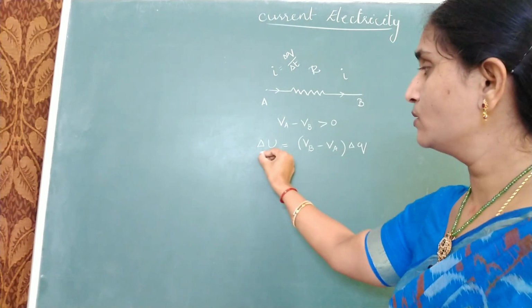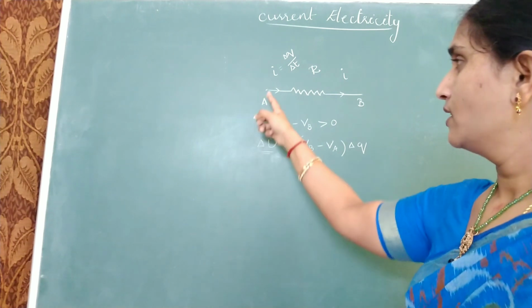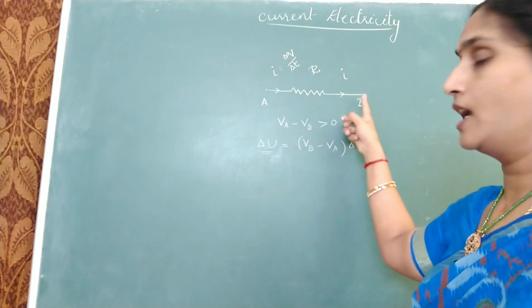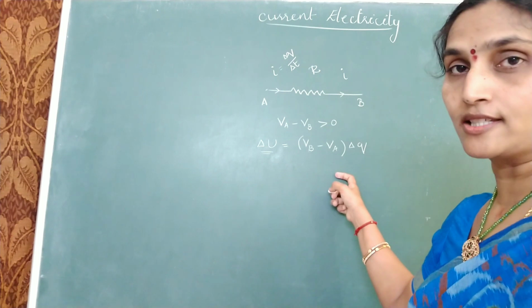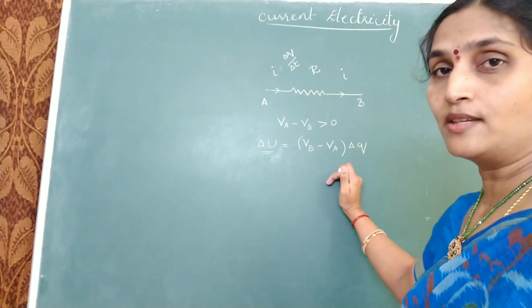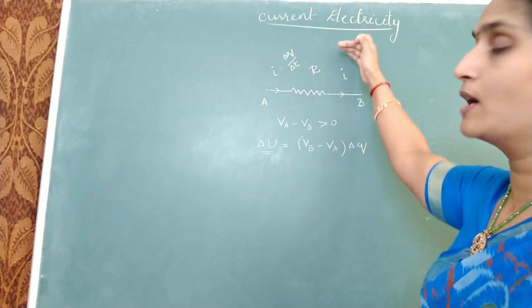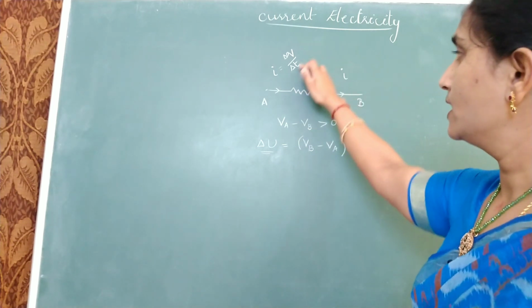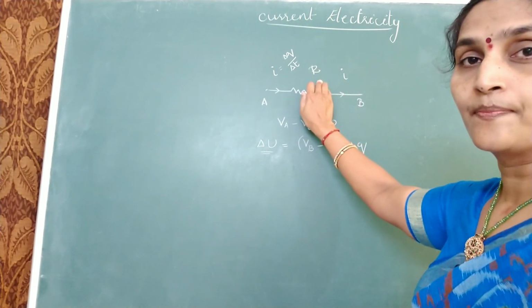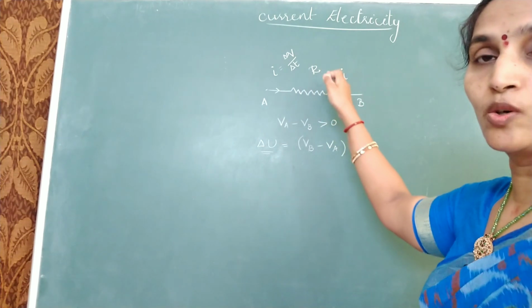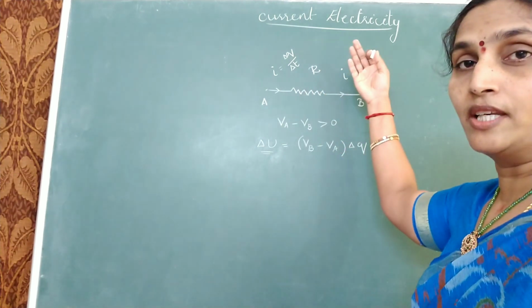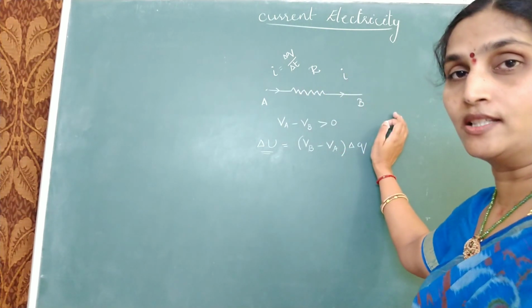So what is happening to potential energy when you are moving a charge from A to B? It is decreasing. This decrease in potential energy will appear in the form of heat in case of a resistor, or in the form of heat in case of a toaster, in the form of light in case of an electric bulb, and so on.